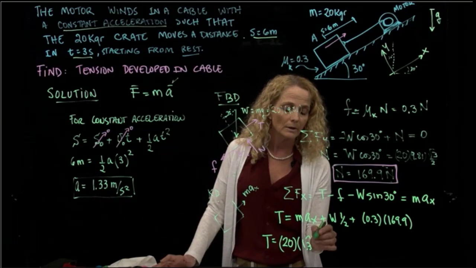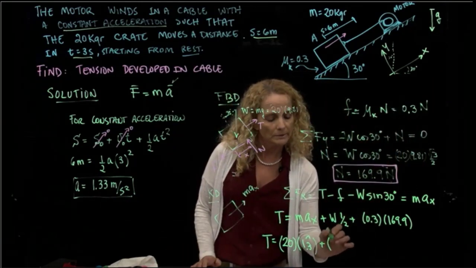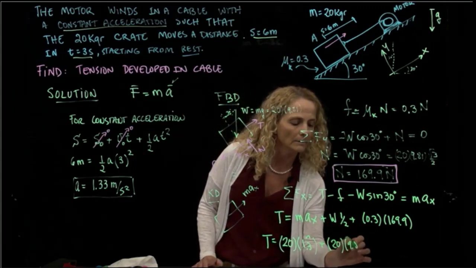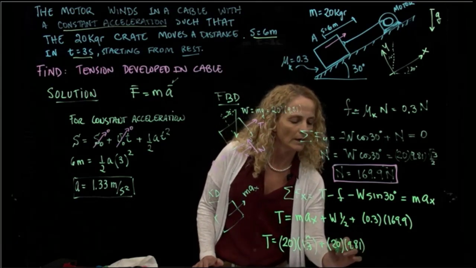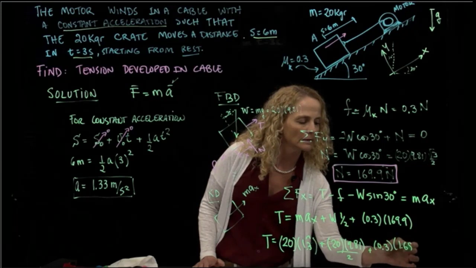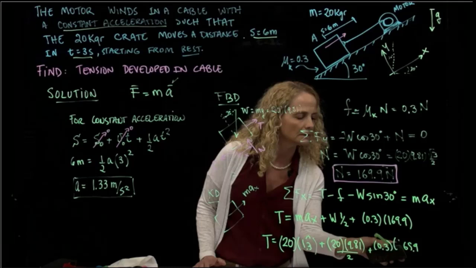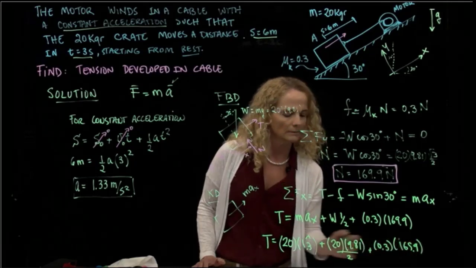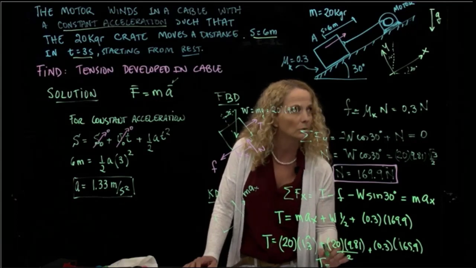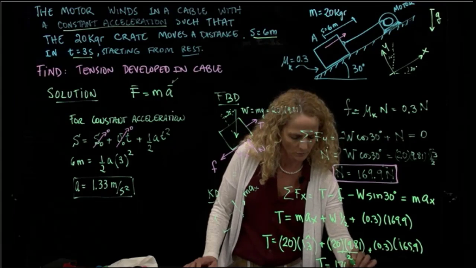Plus the weight, which is 20 times 9.81, half of that, plus 0.3 times 169.9. And then we solve for the tension, and the tension is equal to 166 newtons.